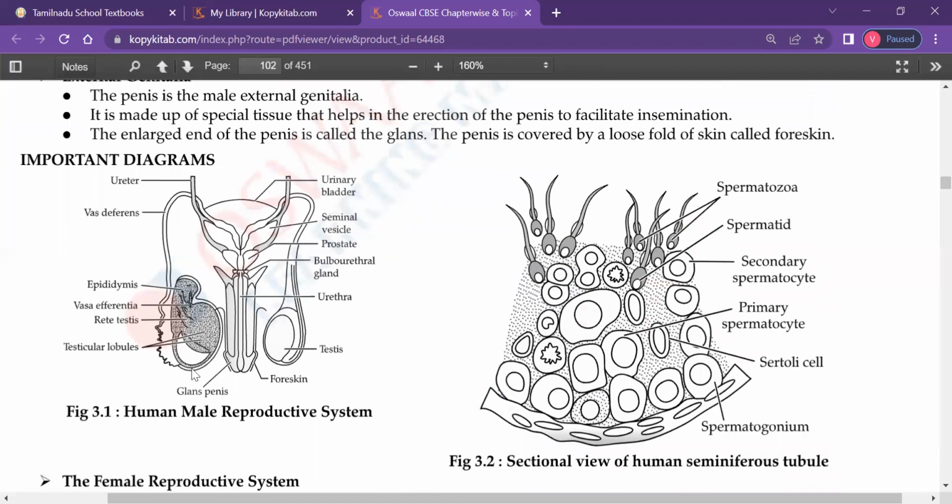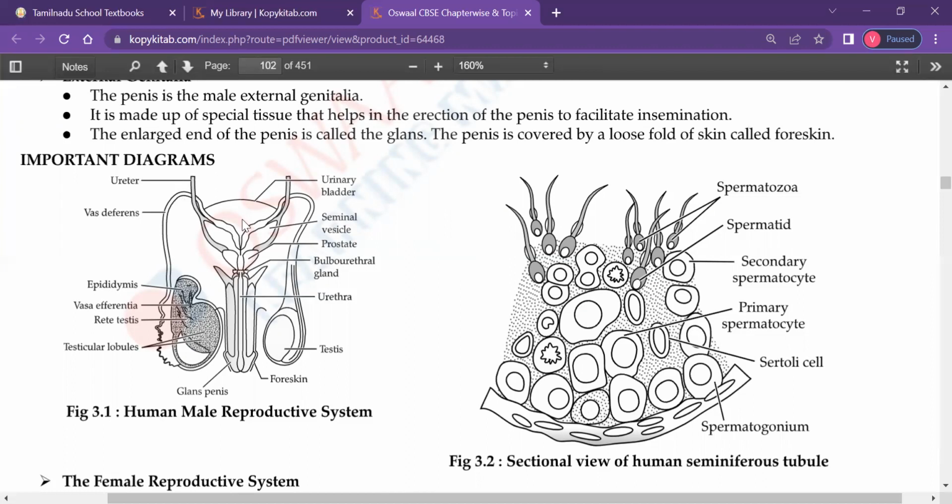See? From the scrotum, this is the testis, and next from there, through this duct, it is getting stored here, the epididymis, the vas deferens. From there it moves to the vas deferens to get stored.